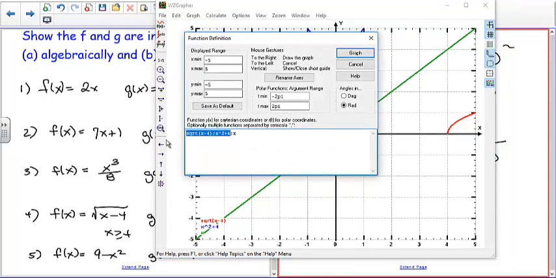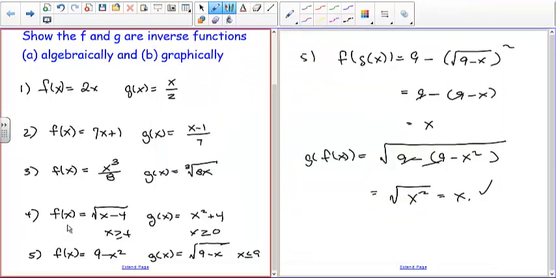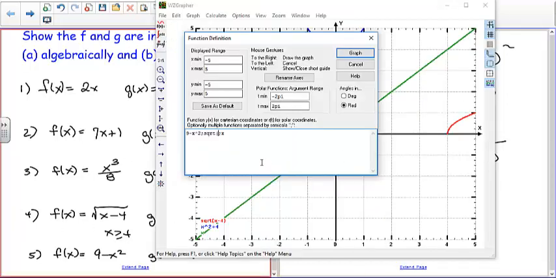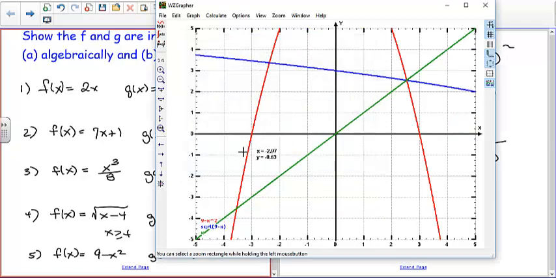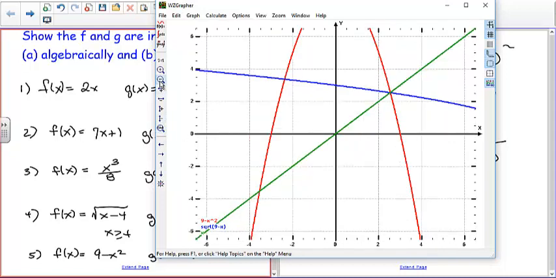And then graphically, the functions are as such. So you've got 9 minus x squared and the square root of 9 minus x. Graph that. Okay, so that looks a little crazy, but let me zoom out a little bit.